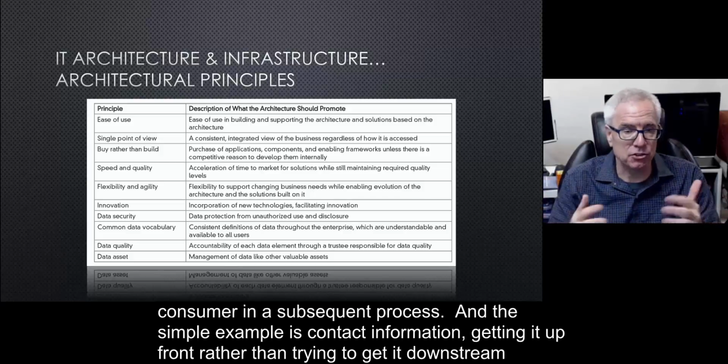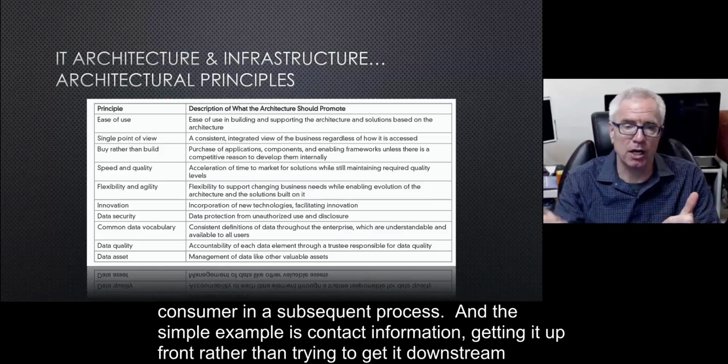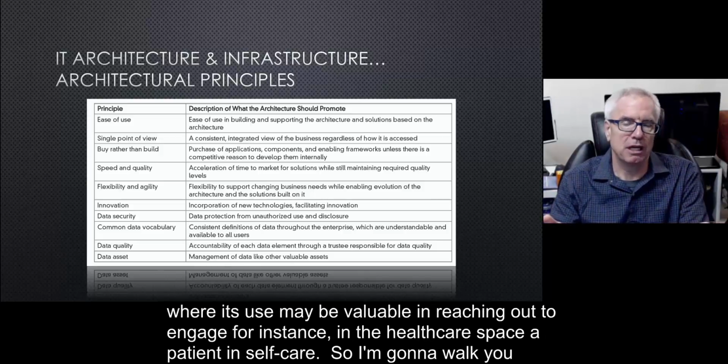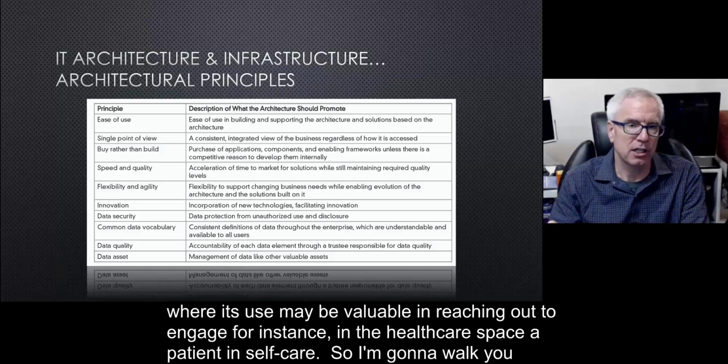And the simple example is contact information, getting it up front rather than trying to get it downstream, where its use may be valuable in reaching out to engage, for instance, in the healthcare space, a patient in self-care.